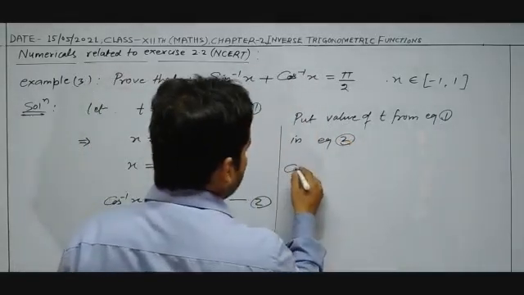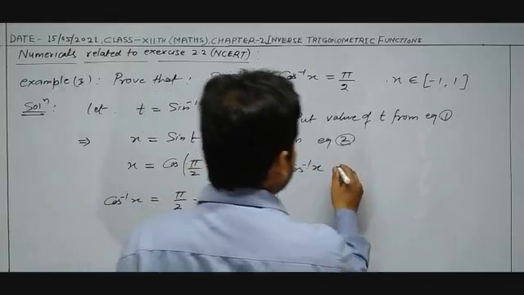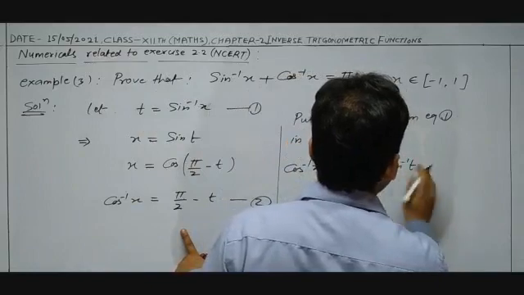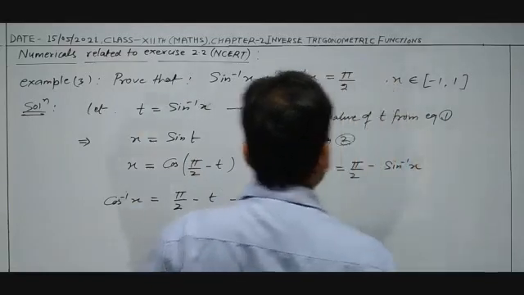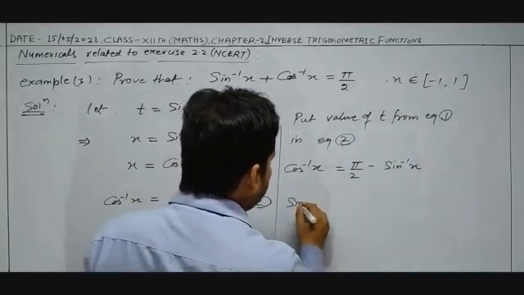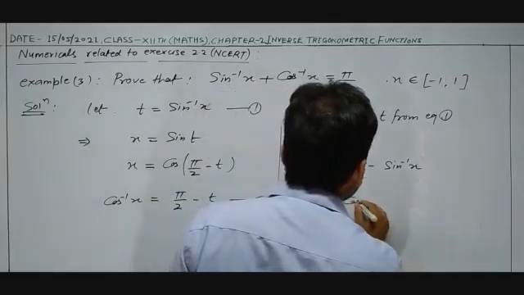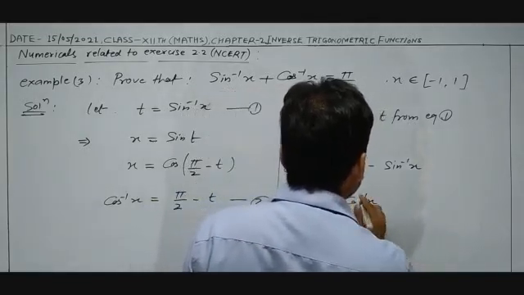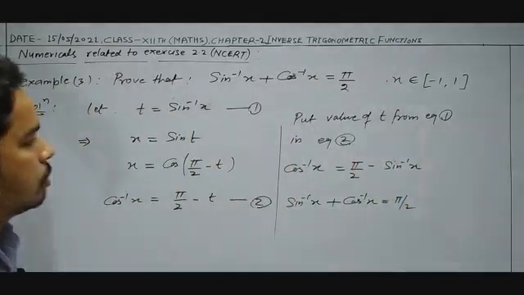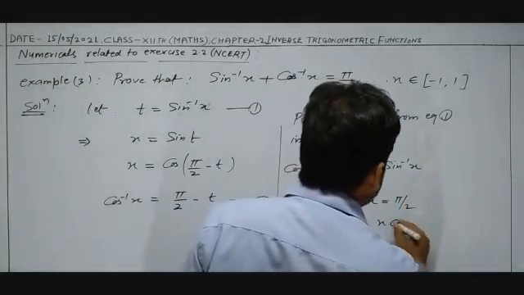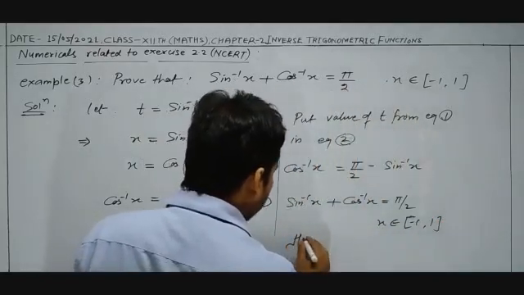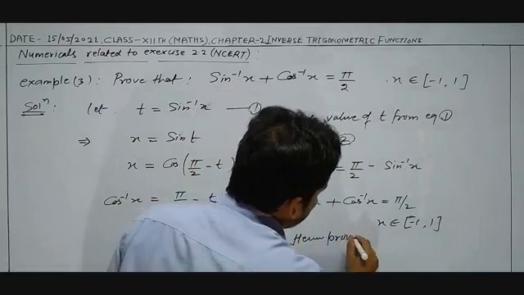So you will get cos inverse x is equal to pi by 2 minus sin inverse x. This will come to the left hand side. The result will be sin inverse x plus cos inverse x is equal to pi by 2. Hence proved, such that x belongs to minus 1 to 1.